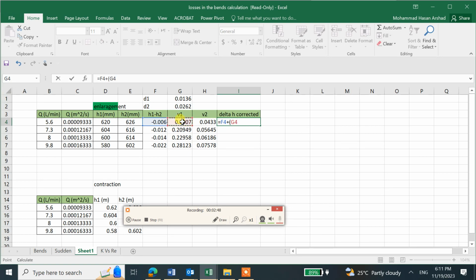So V1 square minus V2 square divided by 2 times g. So this is the delta H corrected. This is still negative.